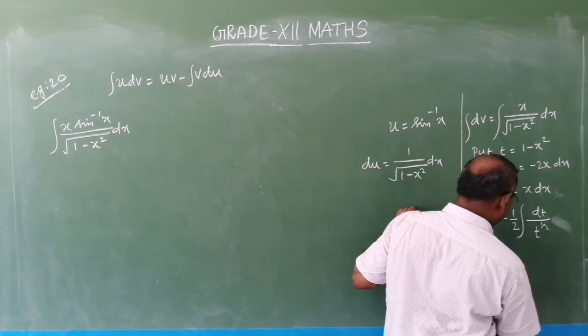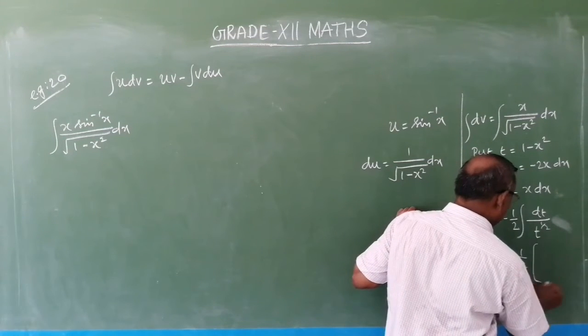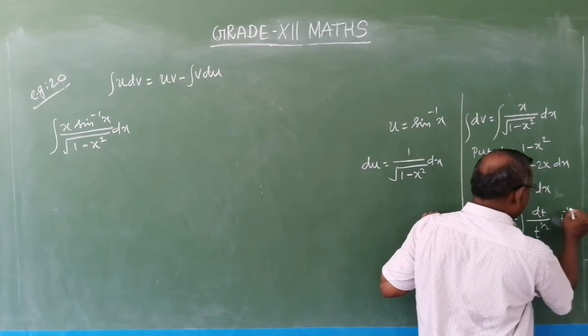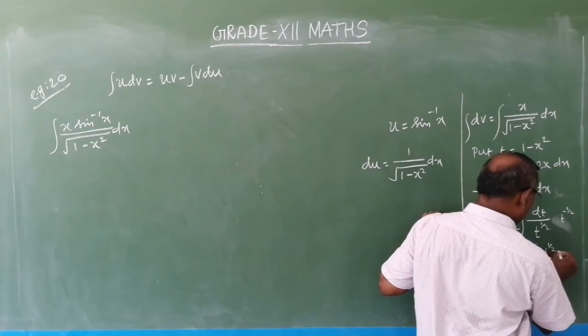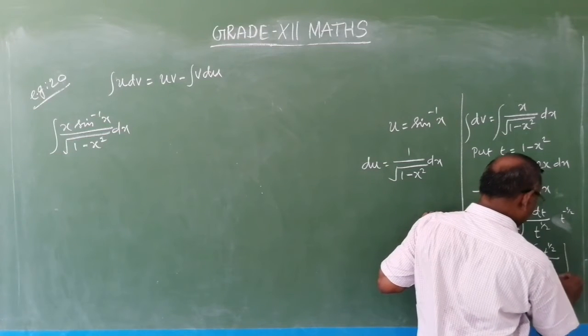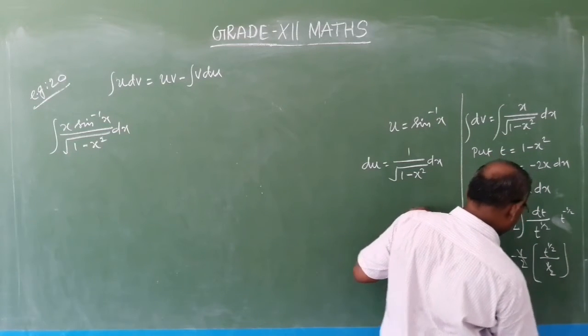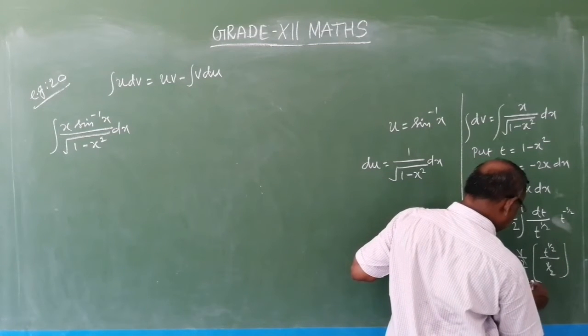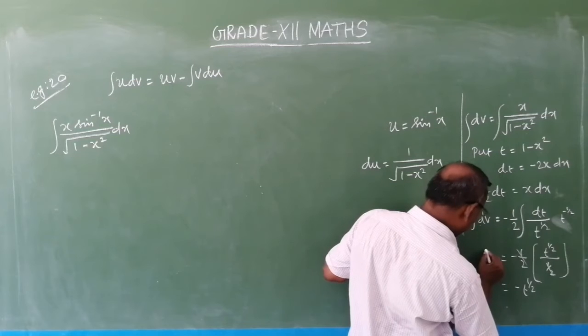So that is equal to minus 1 by 2, and in the numerator it is t power minus 1 by 2. So it is t power 1 by 2 by 1 by 2. So 1 by 2 cancel. This is minus t power 1 by 2. So left is v.